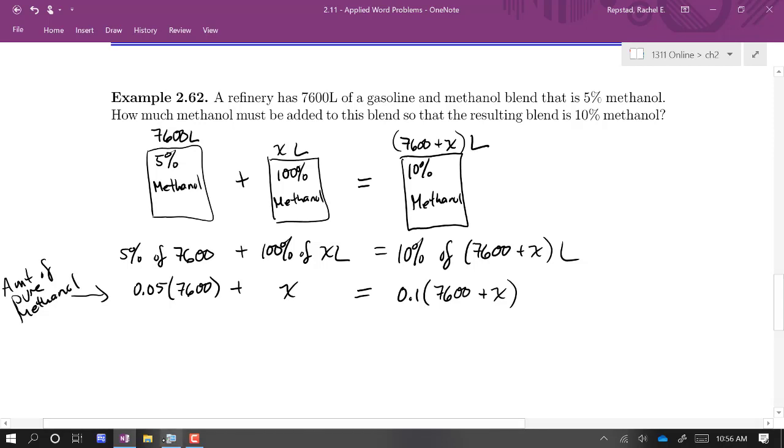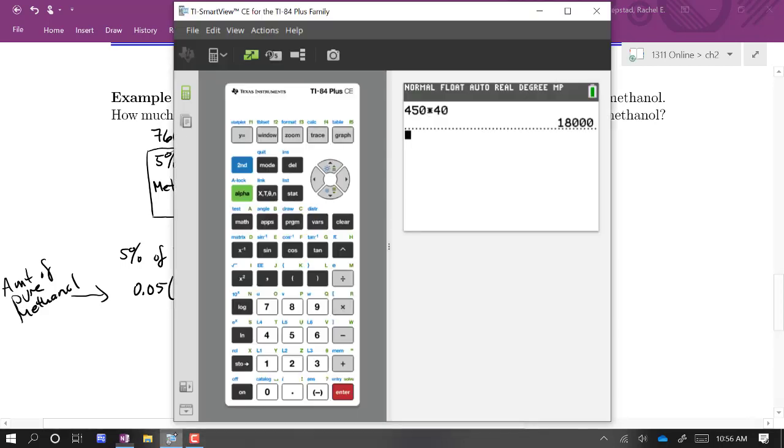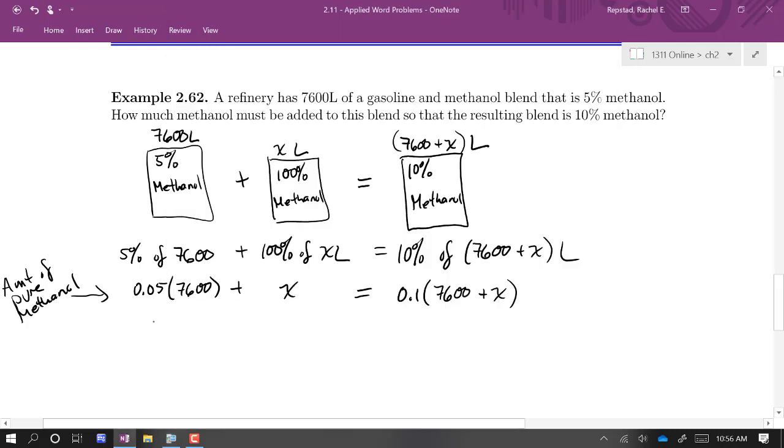All right, 5% of 7,600 is 380 plus X equals, and 0.1 times 7,600 is 760 plus 0.1X.